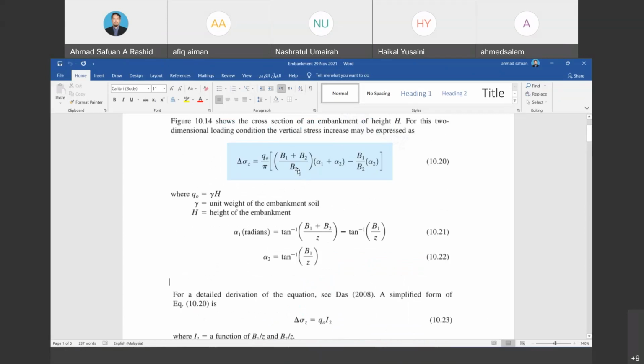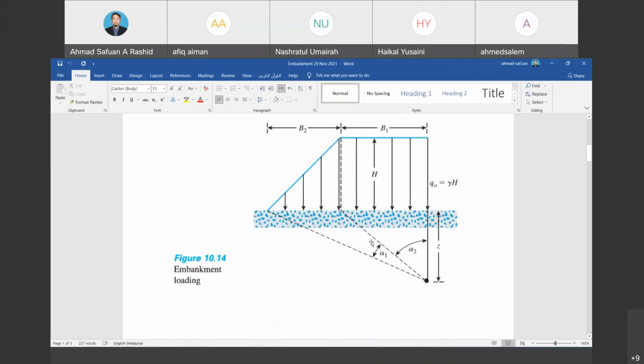Then we divide by B2. We have alpha 1, the angle from the edge of B1 and from the starting point of B1, and alpha 2.